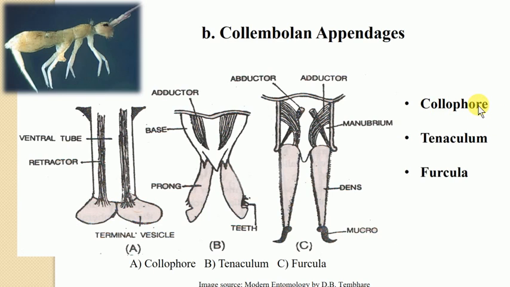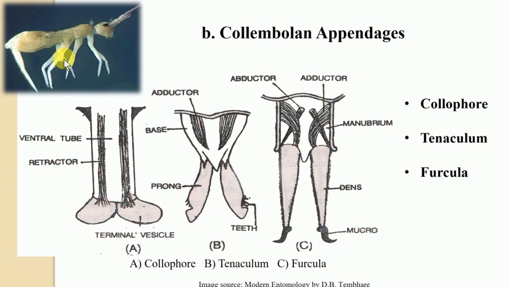The first abdominal segment in the Collembola adult insect bears ventrally a median tube, and this median tube is referred to as the collophore. So here in this diagram you can see the collophore just beneath the legs. So these are the legs, and if you look in between the legs you can see the ventral tube known as a collophore.